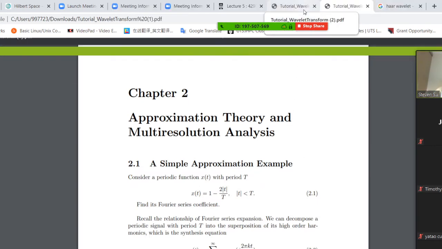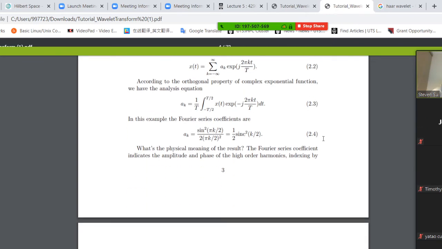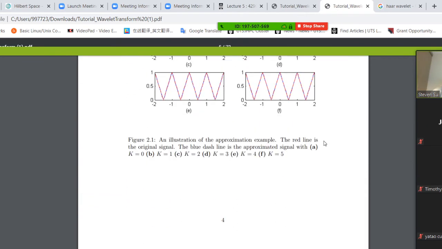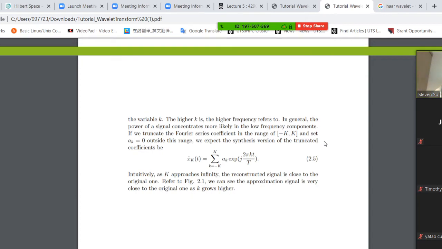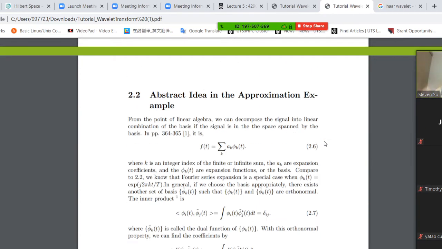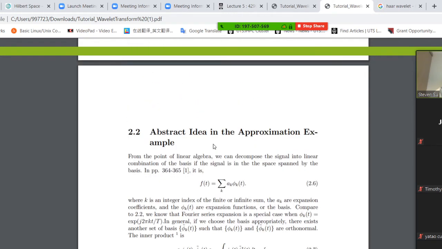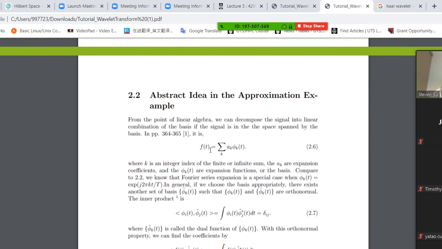Haar developed the first wavelet approximation, and later, 40 years ago, another mathematician developed another method to find other wavelets, so they are also orthogonal. And in the future, if you find some other family, you can also use this same idea. For example, there's a function, and you think the function can be a summation of phi k, which are the axes.